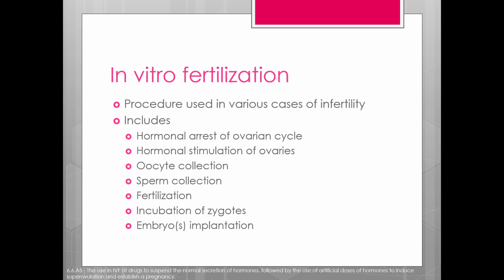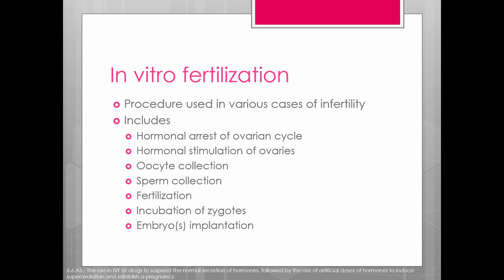In this procedure, hormones will be used to subsequently stop the female menstrual cycle in order to start producing many oocytes, then provoke overproduction of oocytes, then collection of oocytes, then collection of sperm cells, then making them meet in a dish.